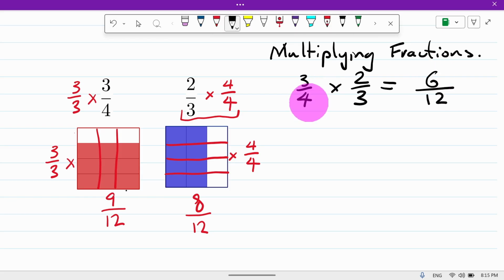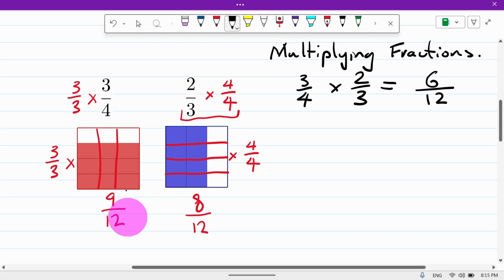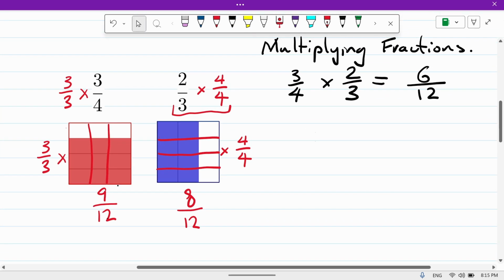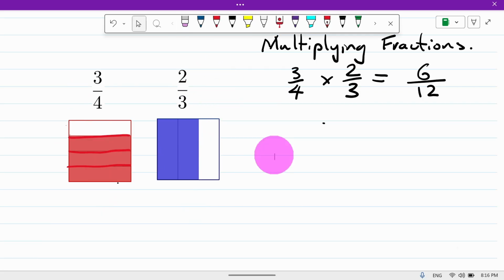Now we can see that 4 times 3 gives us the denominator of our previous transformations. So the step of transforming the fractions in multiplication is contained within the first step. So we do not need to transform before we multiply fractions.